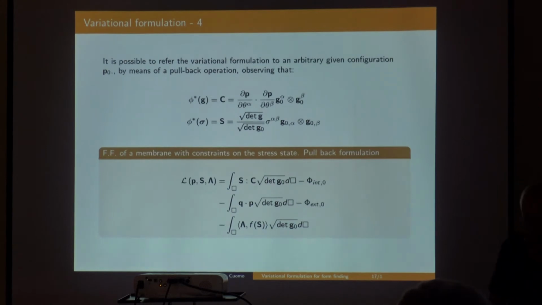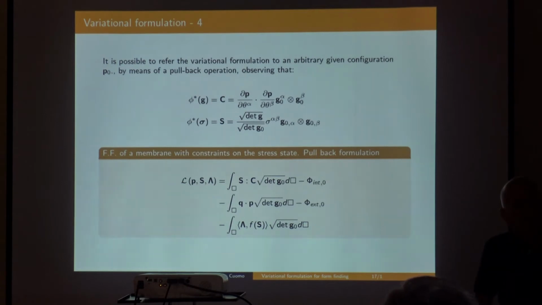However, it can be also useful to pull back all this formulation on this arbitrary initial configuration, the one I have drawn on my Rhino computer program. So we pull back everything. The pullback of the metric is what we call C, so it's a standard Cauchy metric.